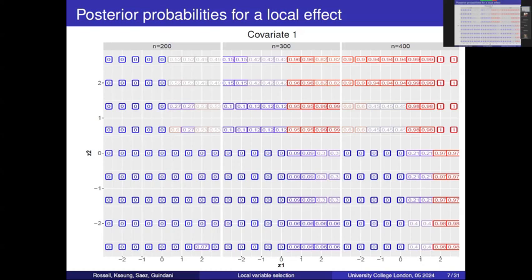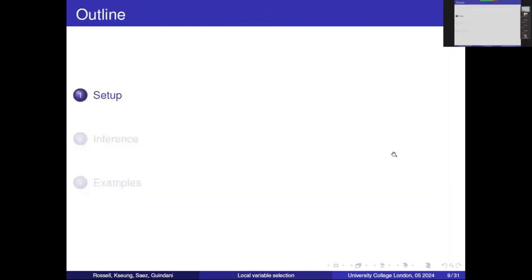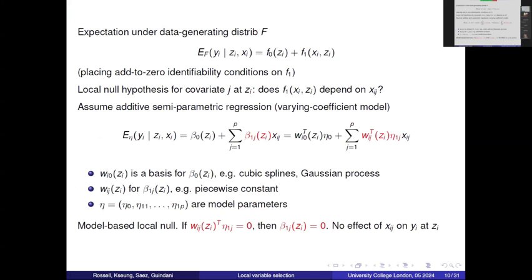So we don't have type 1 errors. And whenever there's truly an effect of the covariate, the numbers converge to 1, meaning we have statistical power. I'll skip the bivariate settings just for time.